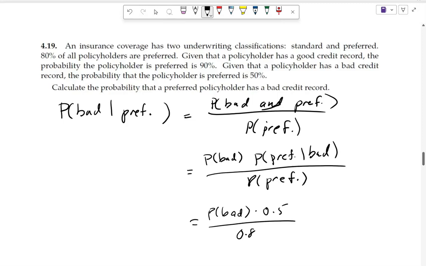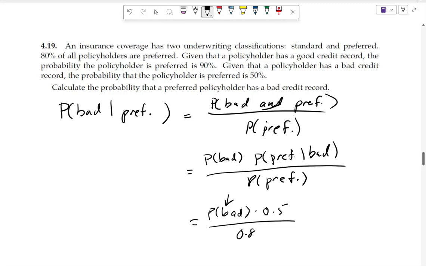Right? Okay. So how are we going to get this number? Two of them are given, but we need that one. That one doesn't seem to be given to us, does it? Yeah, it was that one.